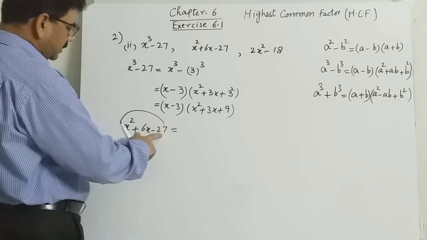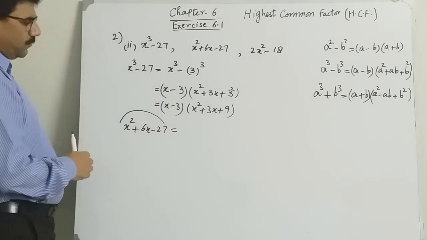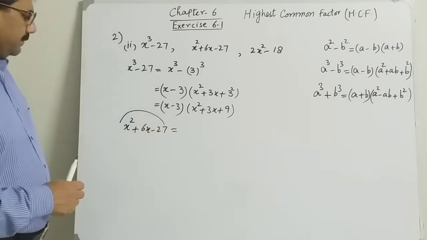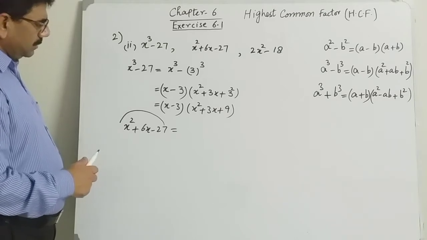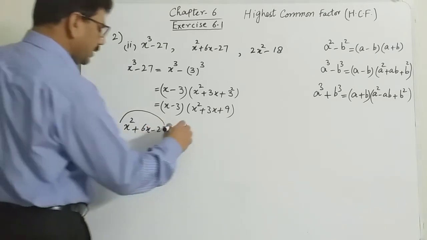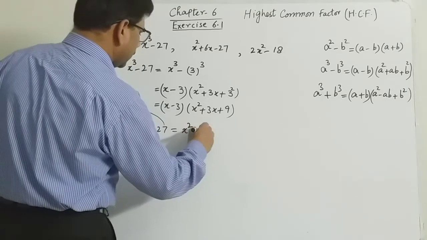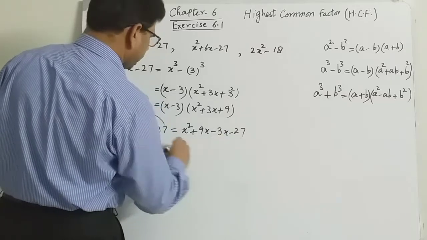The product is minus 27x square. It means that we will have to find those two factors of 27 whose difference is 6. These two numbers are plus 9 and negative 3. So we will proceed as x square plus 9x minus 3x minus 27.